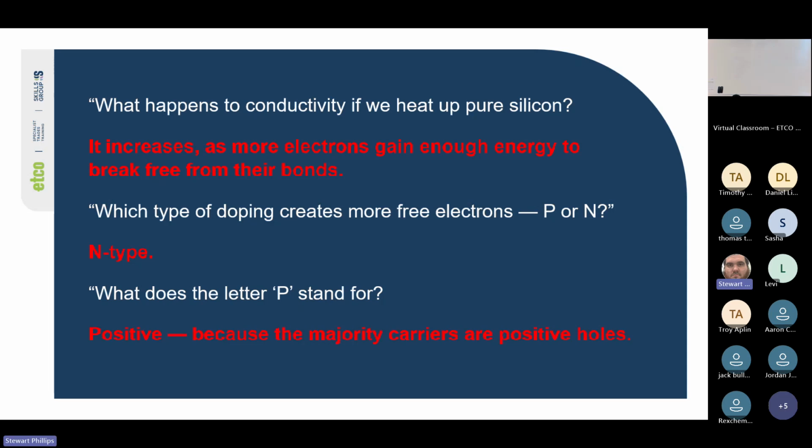P stands for positive because the majority carriers are positive holes, or basically there is a lack of electrons, so there's a lack of negative charge.